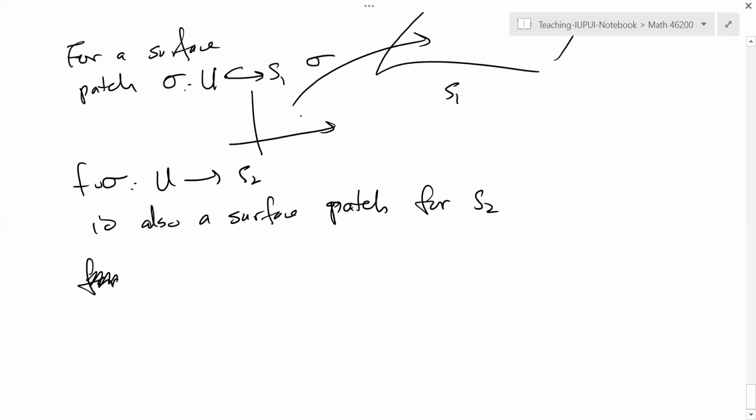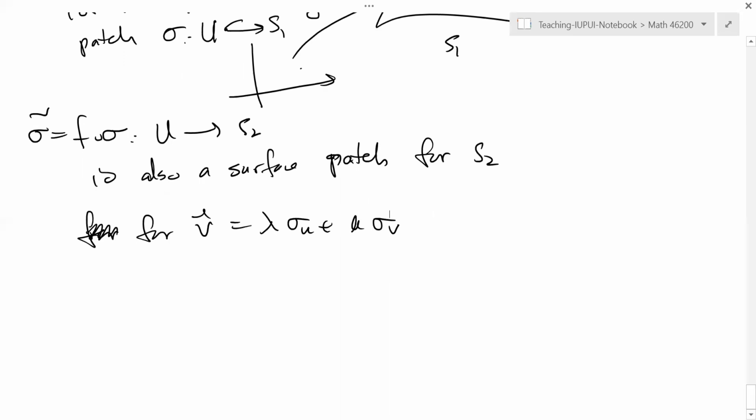For V equal to lambda sigma_U plus mu sigma_V, then DF_P V is going to be lambda sigma_U tilde plus mu sigma_V tilde.